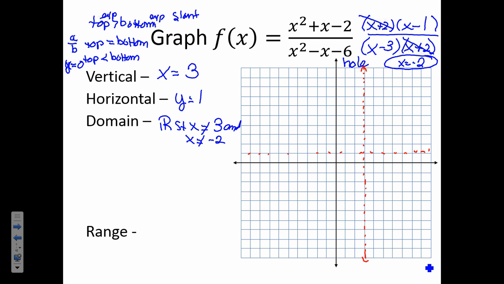So I always like to plug in 0 to see what happens. When x is 0, like our little t-chart here, 0, 0, -2, right? 0, 0, -6. So -2 over -6, 1/3. So I know when I'm 0 over, I'm 1/3 up.